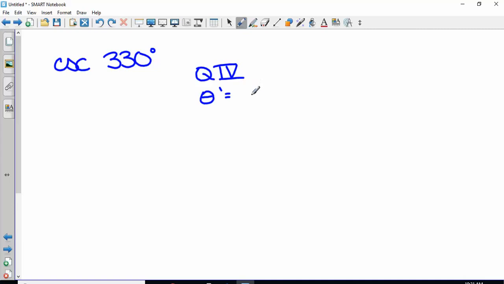You do 360 minus 330. In quadrant 4, when I see cosecant, I'm thinking about sine, because I know they're reciprocal. If we think about All Students Take Calculus, cosine's positive, so sine would be negative, so cosecant would be negative. Sine of 30 would be radical 1 over 2, so 1/2.